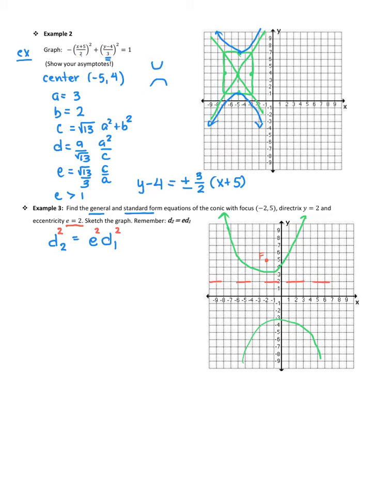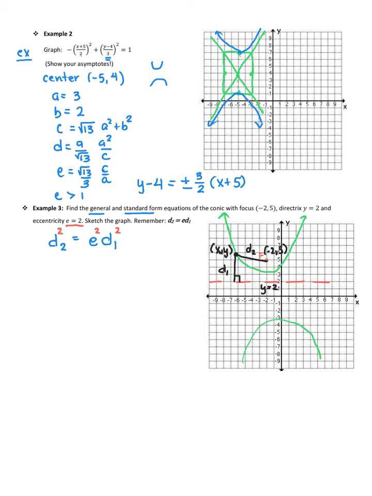And so what we're going to do is we know that if I draw from the foci to a point on the graph and drop a perpendicular, this represents D2. This represents a point on my graph. This represents D1. And remember, this is the line y equals 2. And my foci here was -2, 5.